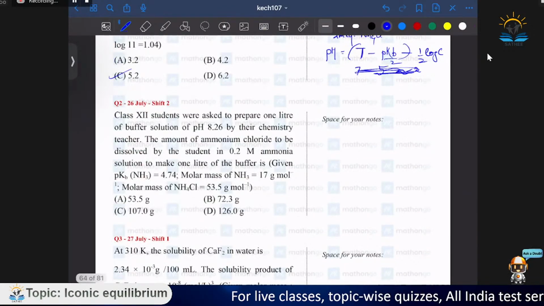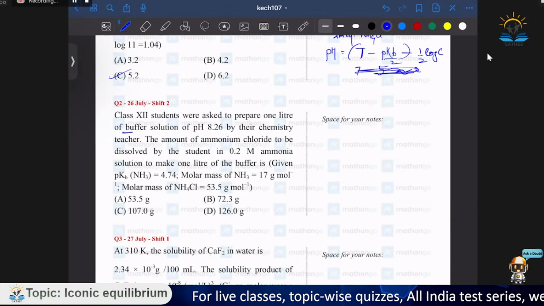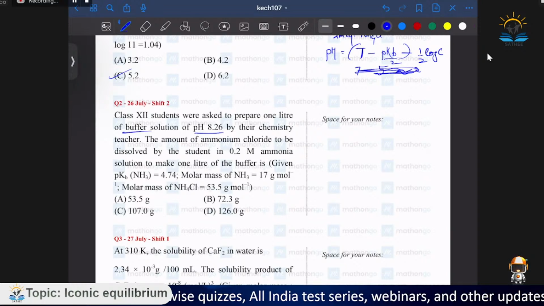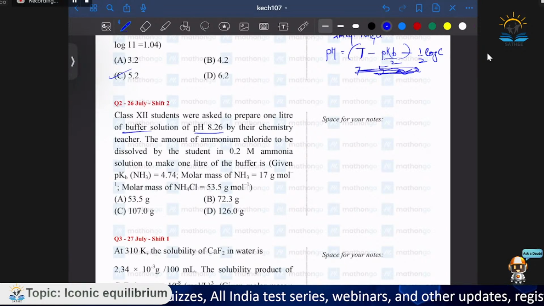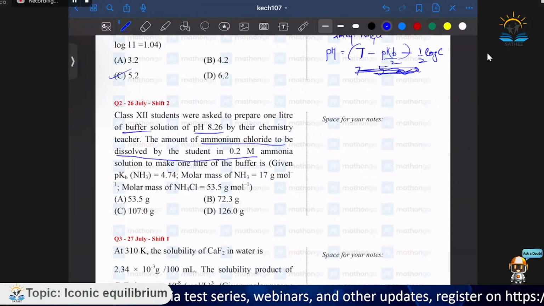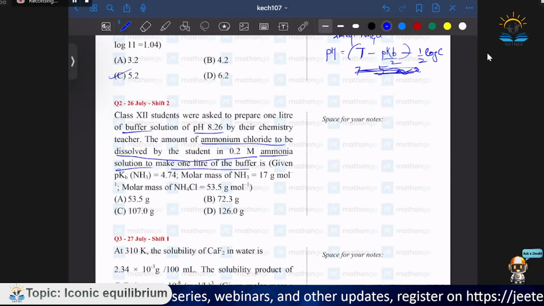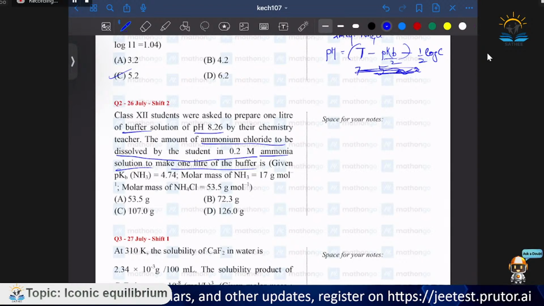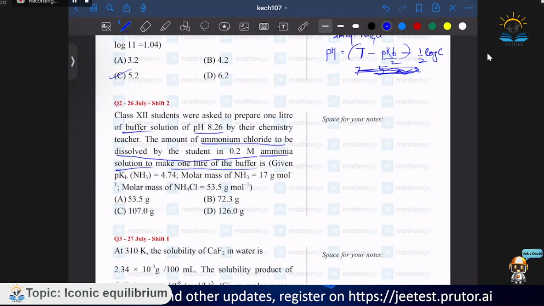Next, students were asked to prepare 1 liter of buffer solution. The pH is 8.26, and they need to find the amount of ammonium chloride which he needs to dissolve in this much ammonia solution to make 1 liter of the buffer. The amount of buffer they have given is 1 liter.